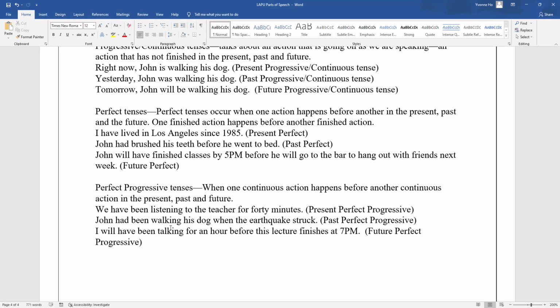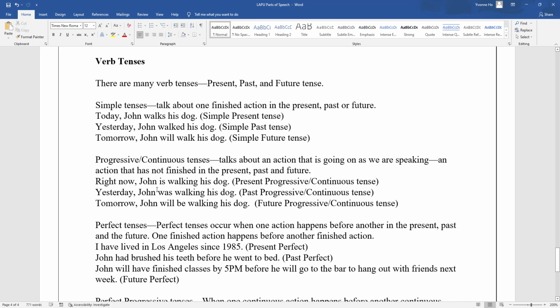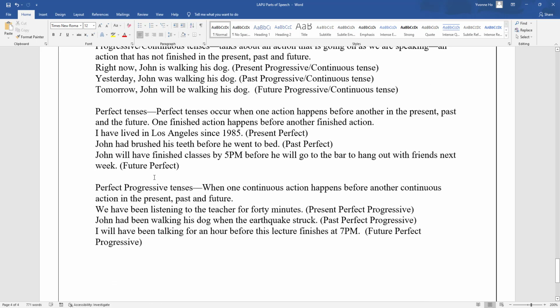You haven't processed it, you see. So there's a time lag here. Here, he realized right away, he's walking his dog, and then a second later, oh, okay, the earthquake struck. So that's always a difference in time. In other words, there's a difference in time between when one action happens and another action happens.